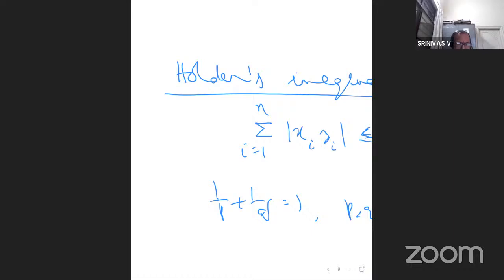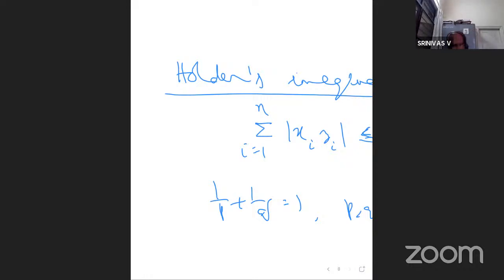And in this, what we are doing is we'll show that this function. Let me magnify. Here we define a function 1 by q plus t by p minus t power 1 by p.